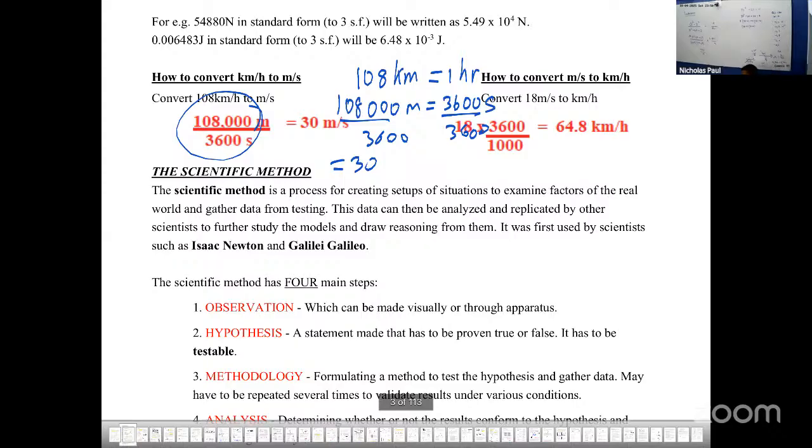And when you finish, convert 100 meters per second to kilometers per hour.